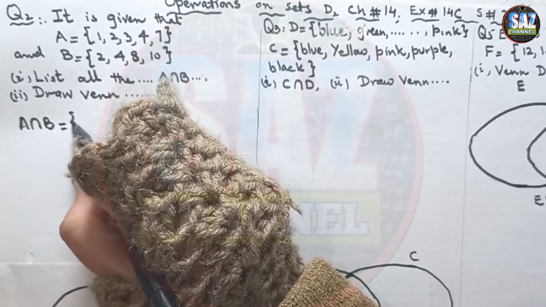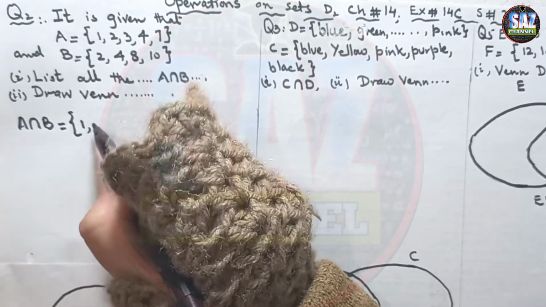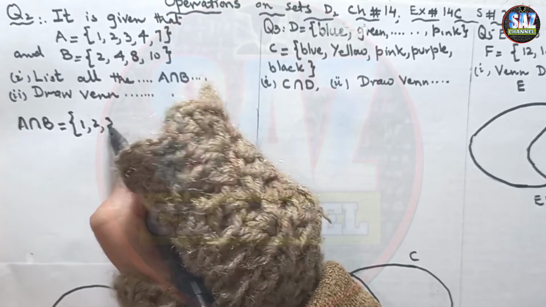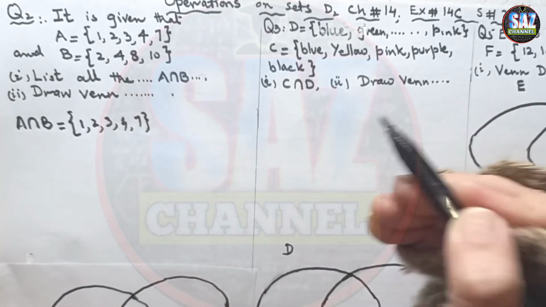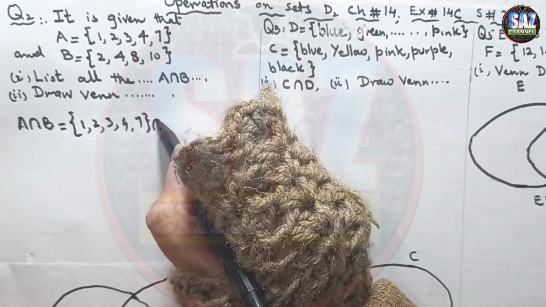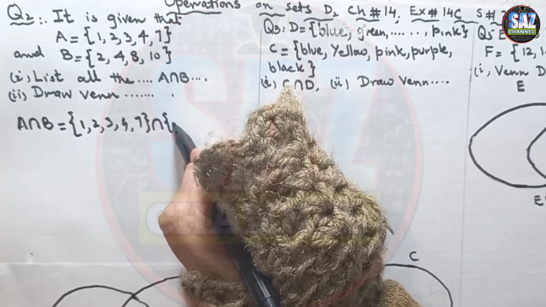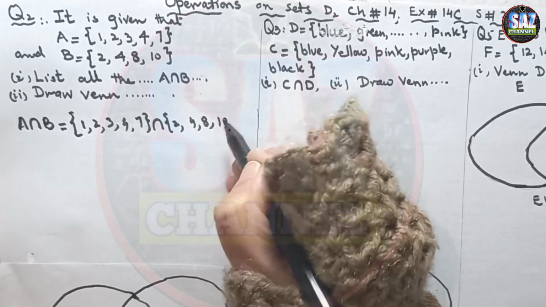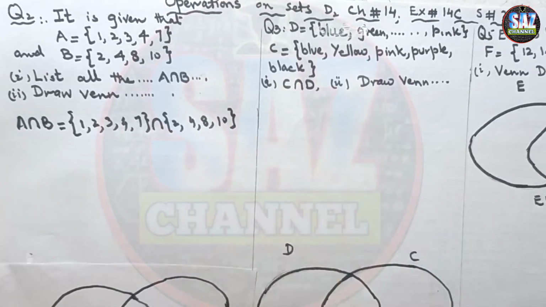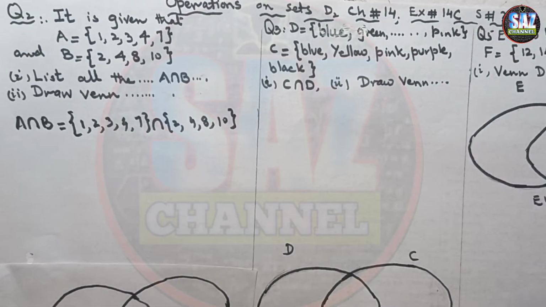Then first of all, we have to write the elements of the first set, that is 1, 2, 3, 4 and 7, and then put the intersection symbol, and then 2, 4, 8 and 10. Now I have to see carefully which elements are coming in both the sets.